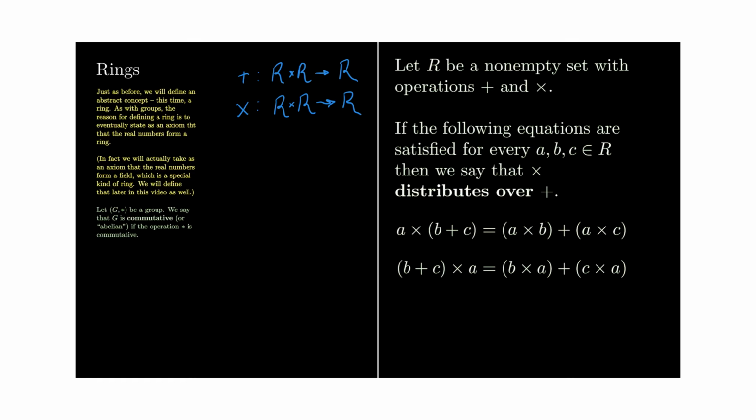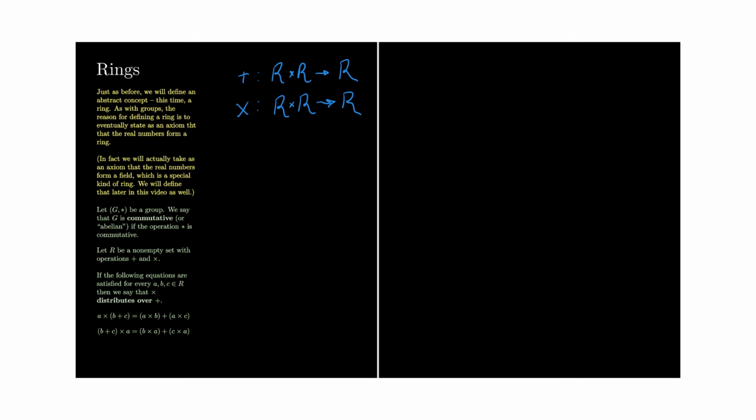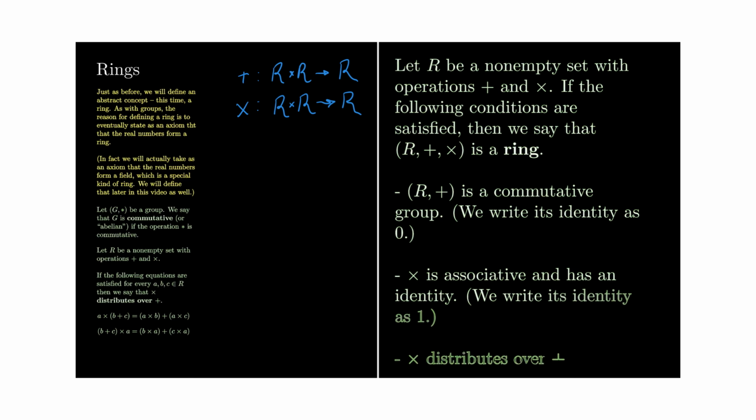And okay, now having established the meanings of all of these terms, we're in a position to define what a ring is. Again, we're going to say that R is our non-empty set. It again has 2 operations. The idea of moving from group to ring is that a group is all about a set with 1 operation, while a ring is all about a set with 2 operations that interact.